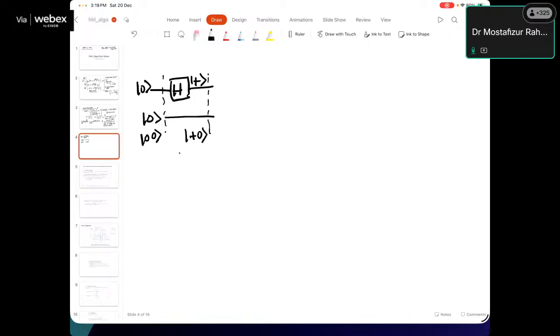So which is equal to 0 plus 1 by square root 2, the plus state is 0 plus 1 by square root 2, tensor product with this 0 state, right? So this is basically 0 0 state plus your 1 0 state, right?